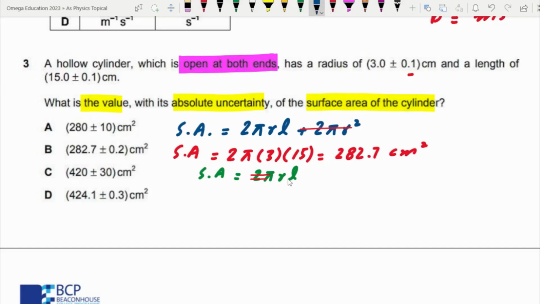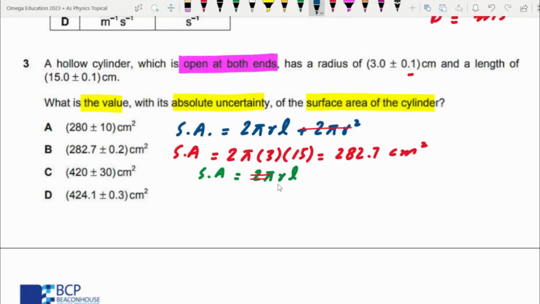We are left with R and L, and radius and length are being multiplied. According to the rule of combining uncertainties, if the quantities are being multiplied or divided, we add the percentage uncertainties. This is what the rule says.